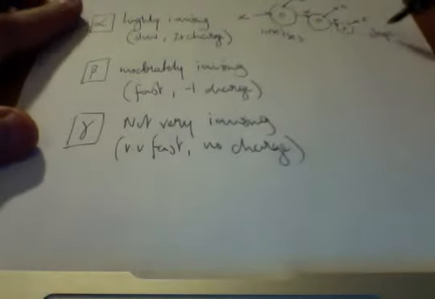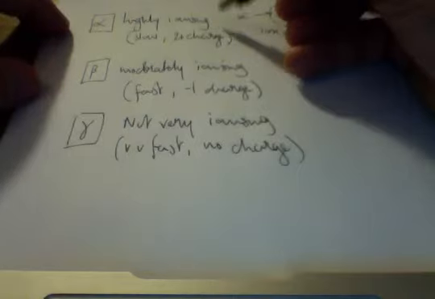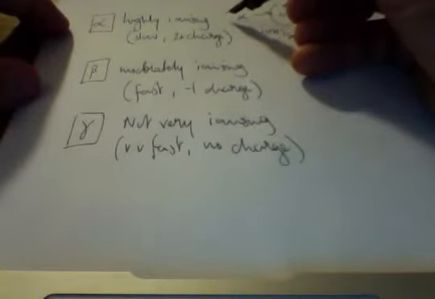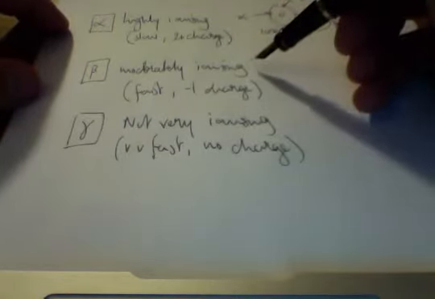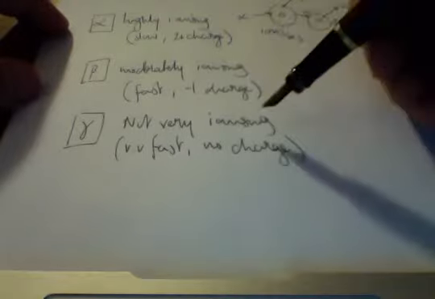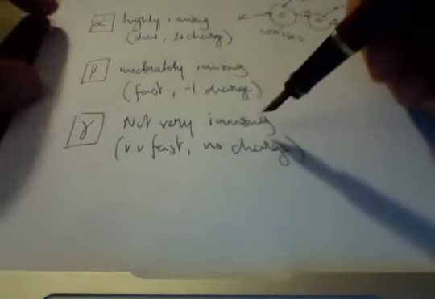It's an electromagnetic wave. So when we're talking about this ionizing, remember I said as it kicks off an electron, it loses a bit of energy, it loses a bit of energy, it loses a bit of energy. If it's highly ionizing, then it's going to lose its energy very, very quickly. Moderately ionizing, it will lose its energy a little less quickly, and if it's not very ionizing, it won't lose its energy very quickly.